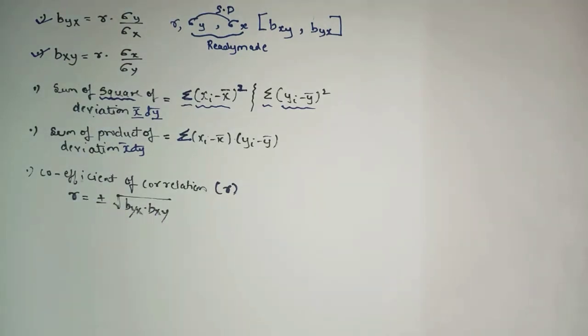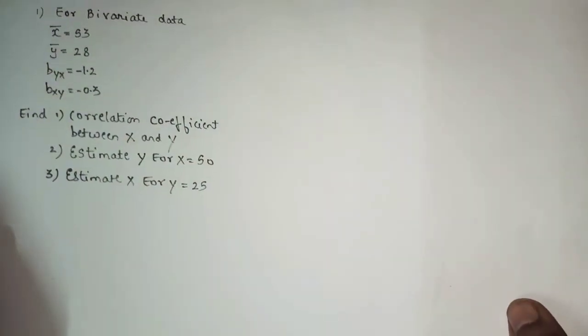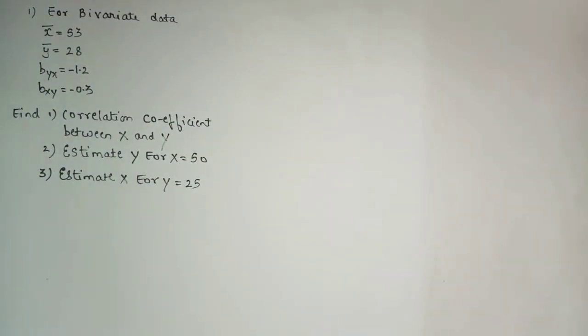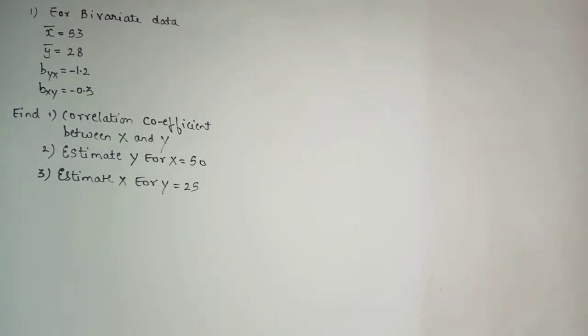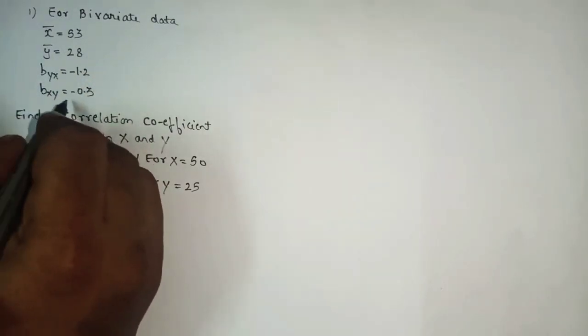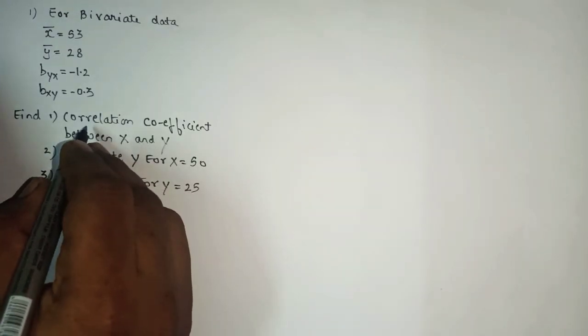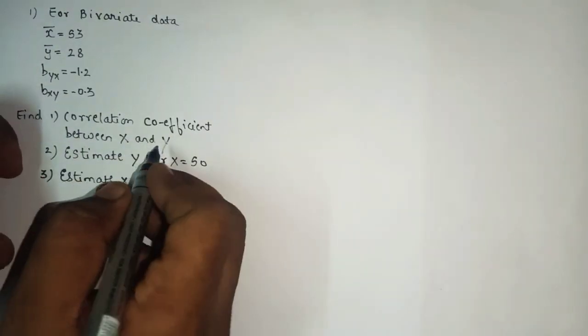So let's begin with the first sum. Here in the first sum, we have the values for the bivariate data: x mean, y mean, byx and bxy. Clearly we can see that we have the values of x mean, y mean, byx and bxy, and the first question is to find the correlation coefficient between x and y.